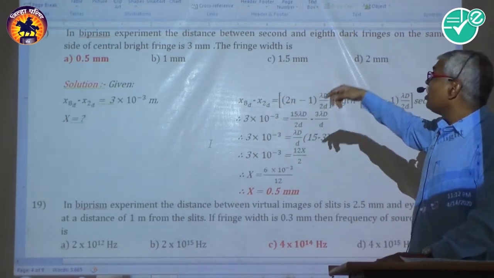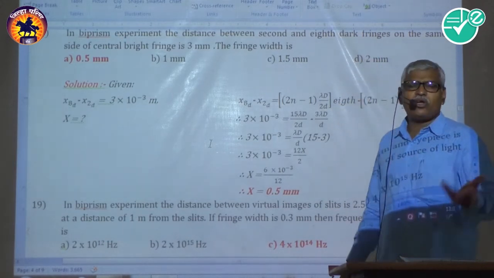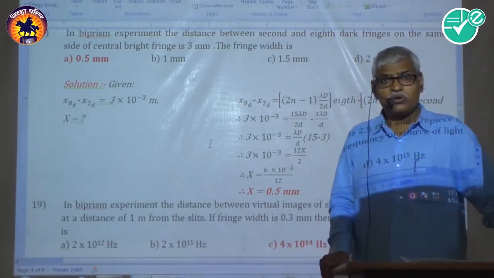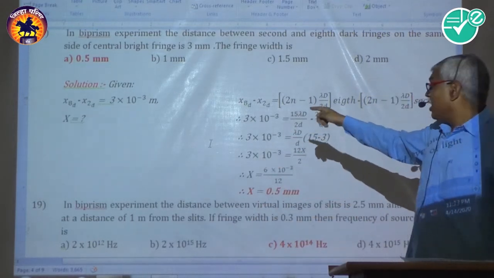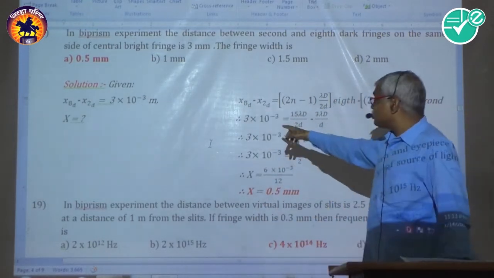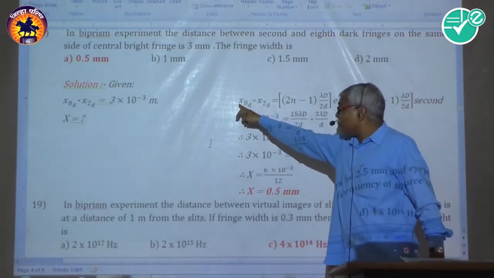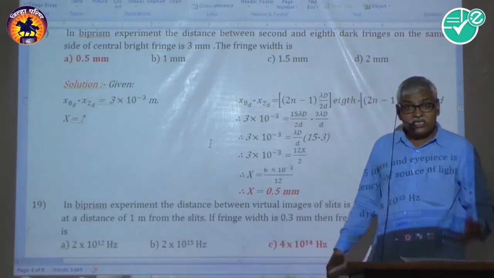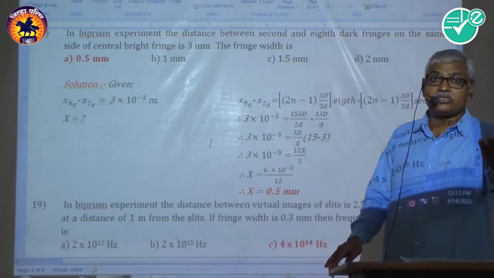And we are asked, what will be the fringe width? We have to calculate the value of the fringe width. Then write down the formula. x8d minus x2d is equal to, given, 3 into 10 to the power minus 3. The formula for x8d is the formula for the distance of the nth dark fringe.